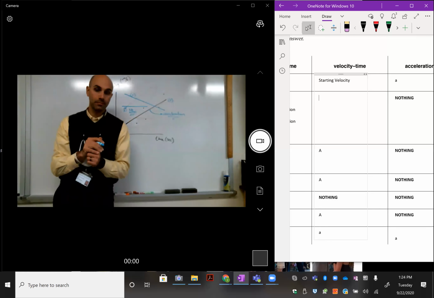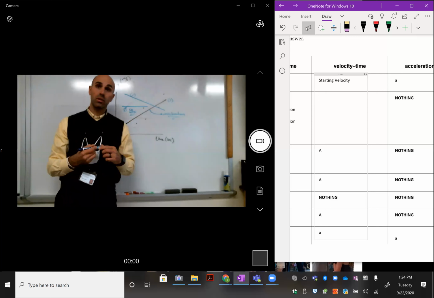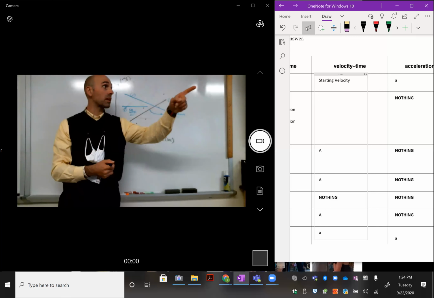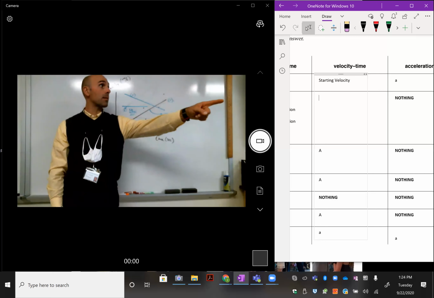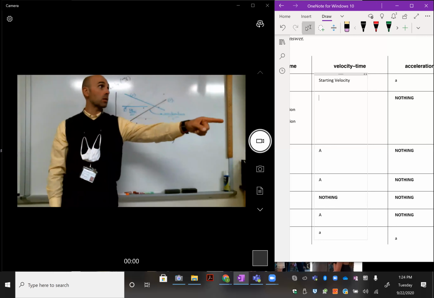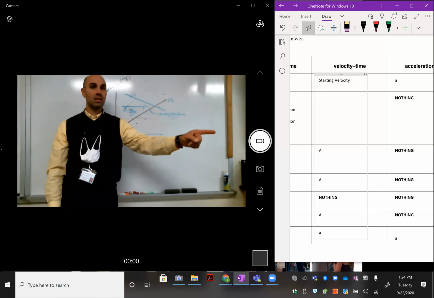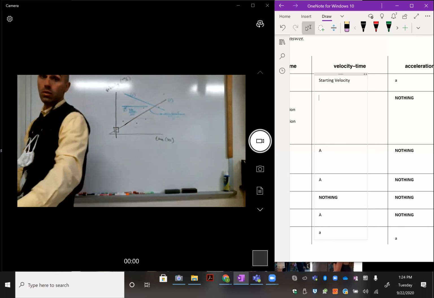All right, let's add those to the next four spaces. The very top is acceleration. Then we're going to go down to a positive acceleration direction, a negative acceleration, and then zero acceleration, or not accelerating at all.